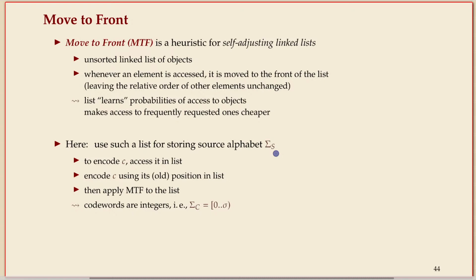So that's just saying what I described. You find a new letter in your source text. You search for it in the list, starting from the beginning, and use the position as the code word. Then you move that element to the front and keep going. So the code words now are integers. You transform it from some arbitrary alphabet to the integers 0 up to sigma minus 1.